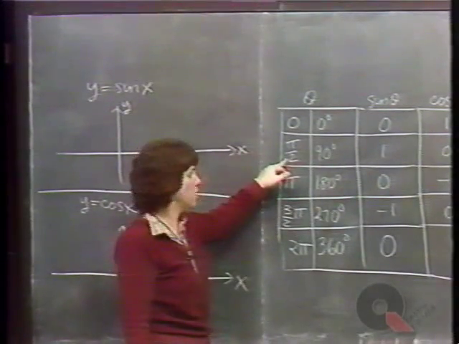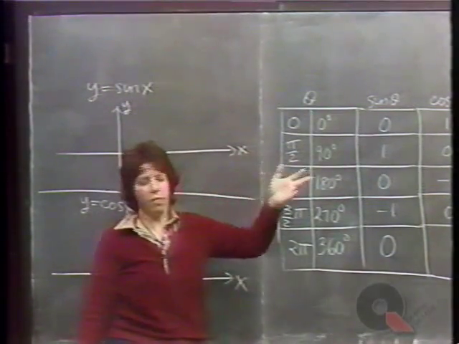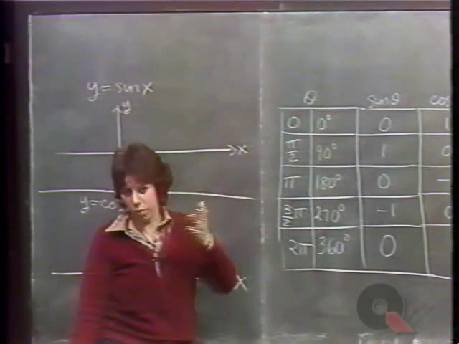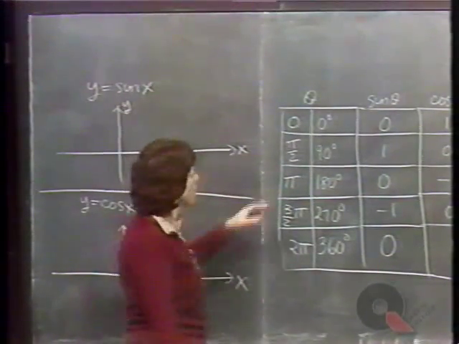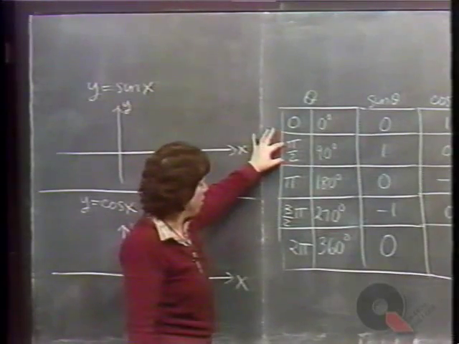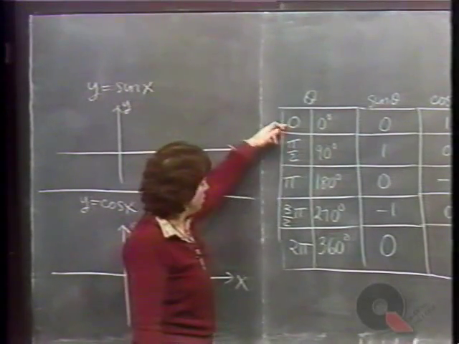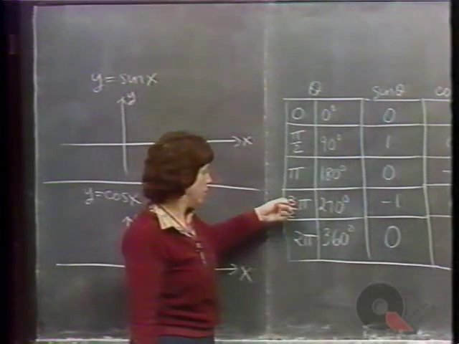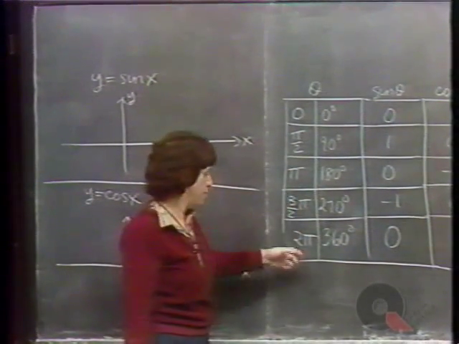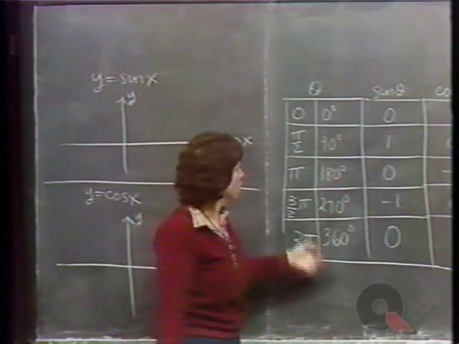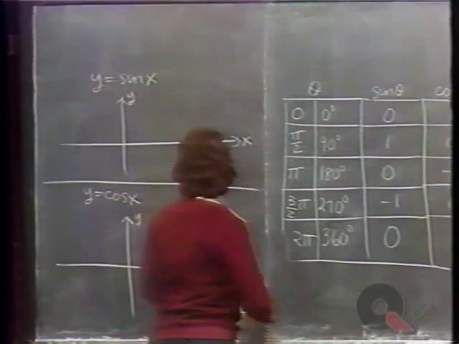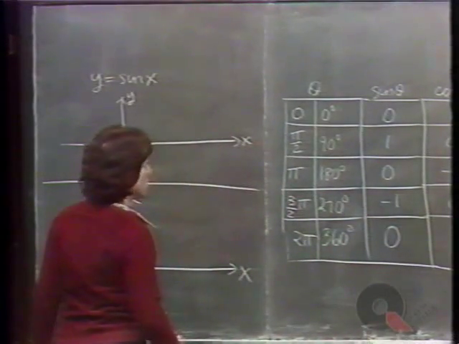Pi over 2 is a real number. For the purpose of these sketches, let's think of pi as about 3. Pi is really about 3.14, but for the sketch, think of it as about 3. So x will be 0, about 3 halves, about 3, about 9 halves or 4 1/2, about 6. And the y values will be the sines and the cosines that we found over here.